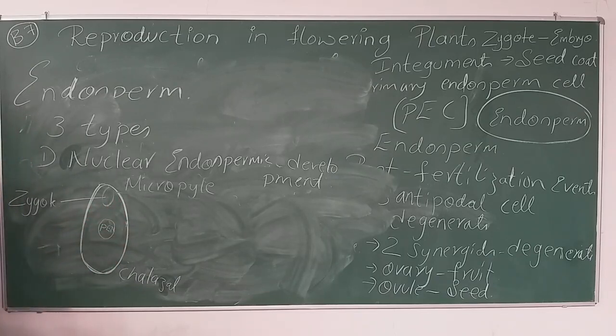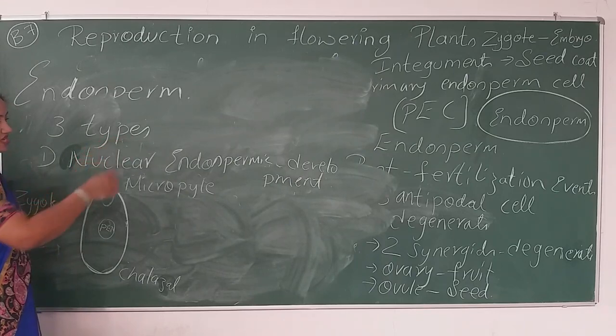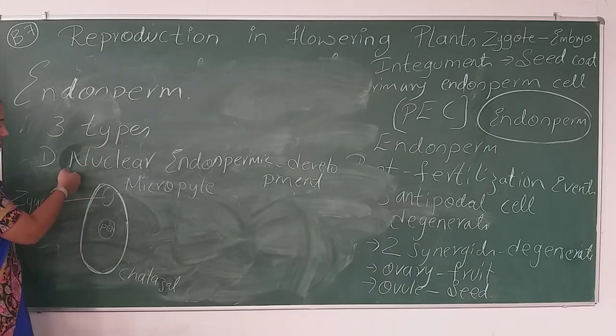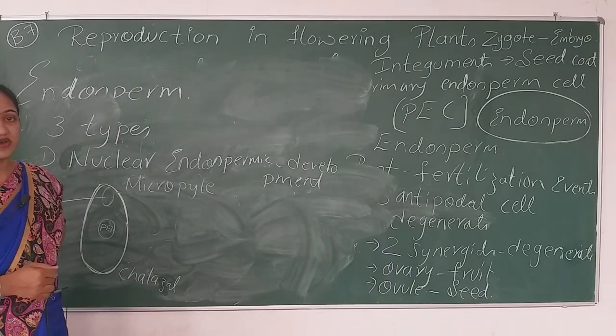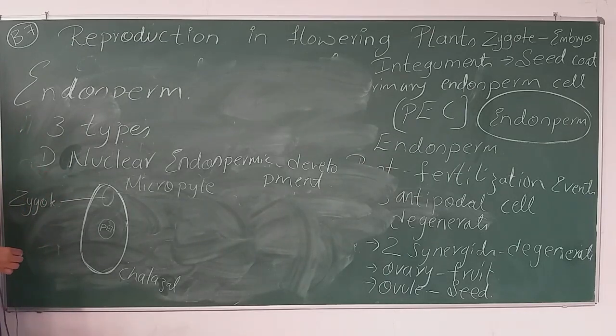Now we are talking about the endospermic development. The first one is nuclear endospermic development. How do the tissues divide mitotically? Let me explain this nucleus.